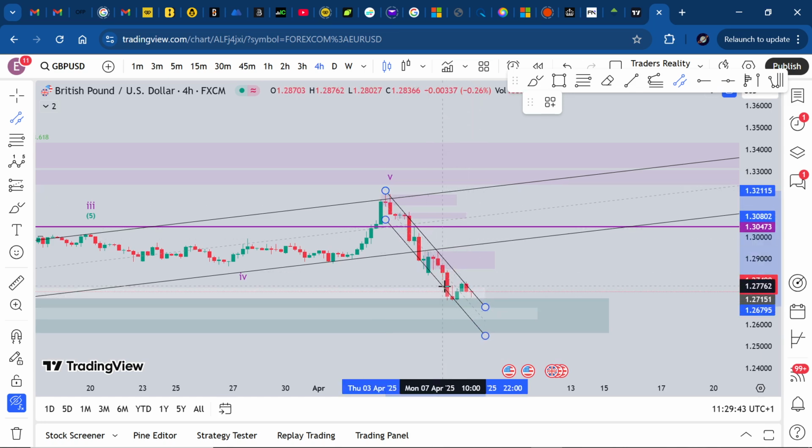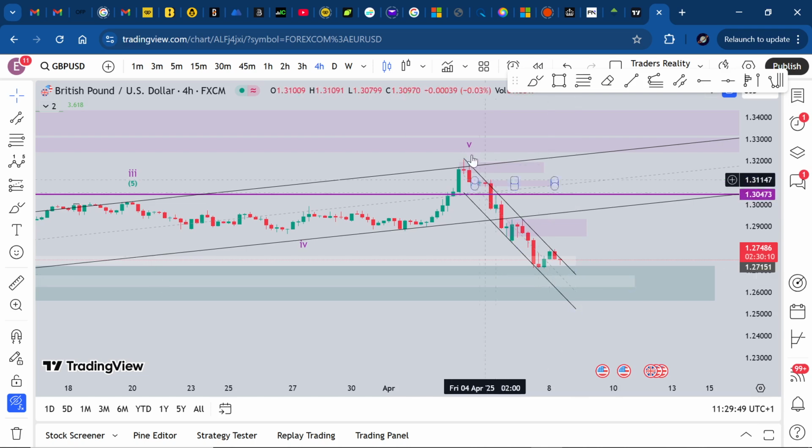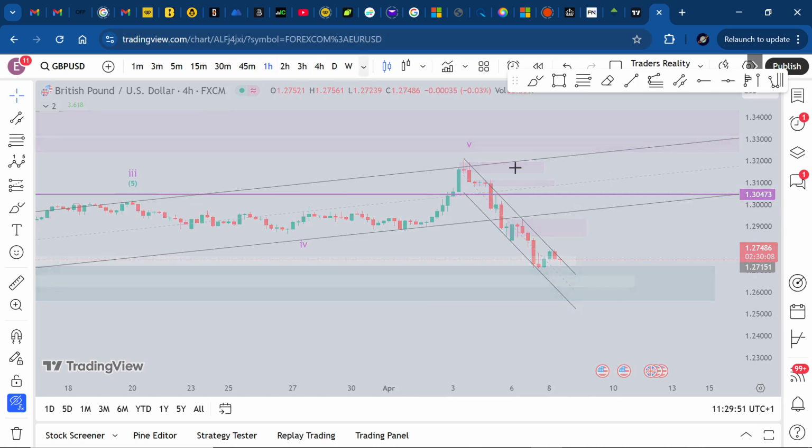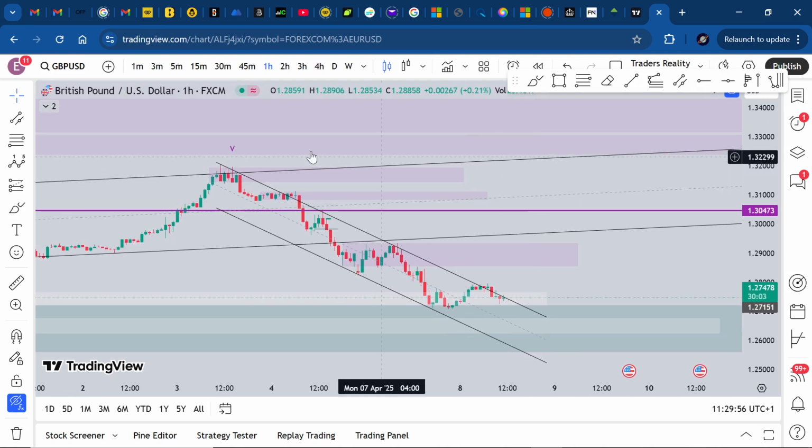It's definitely got the characteristics of a zigzag here, as you can see, contained within price, within parallel lines. And if I wanted to, I'd go 1, 2, 3, 4, 5.